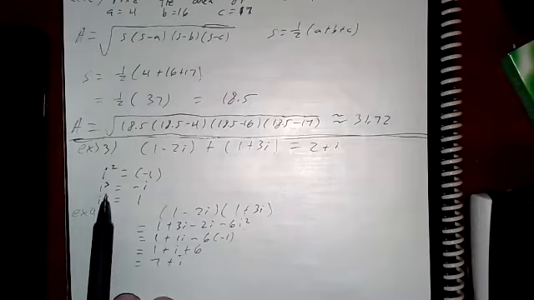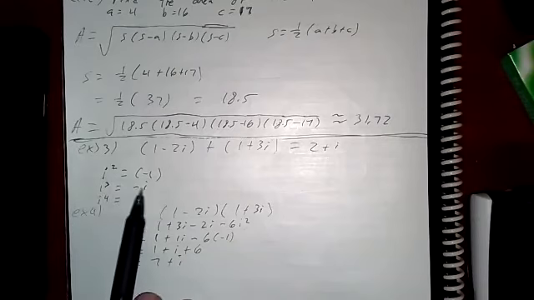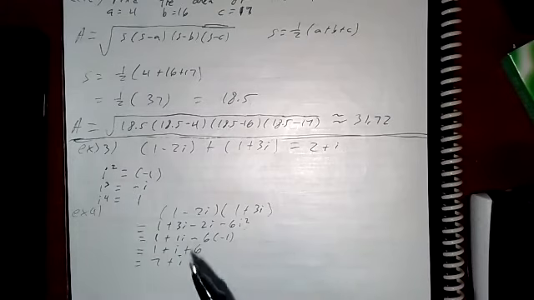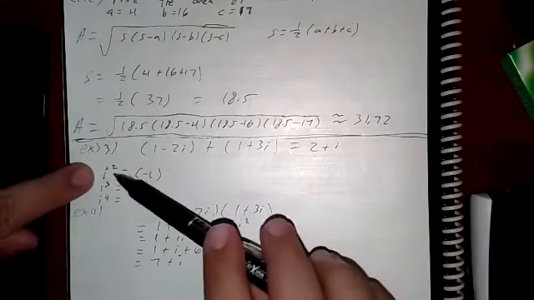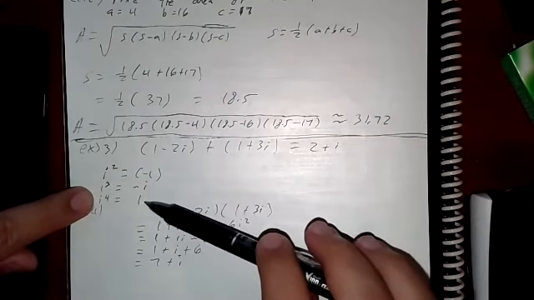Because you'd have two i's, which is negative 1, and then a third i, which is negative i. I wrote it down wrong, sloppy handwriting. i squared and i squared would be two negative 1s, which would be positive.